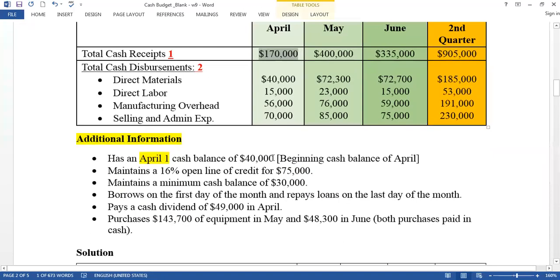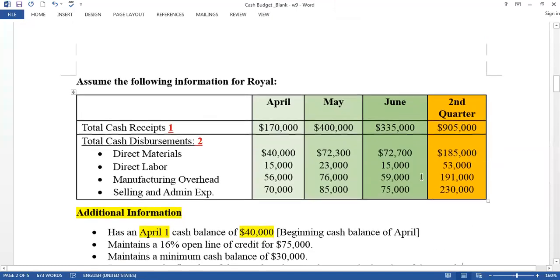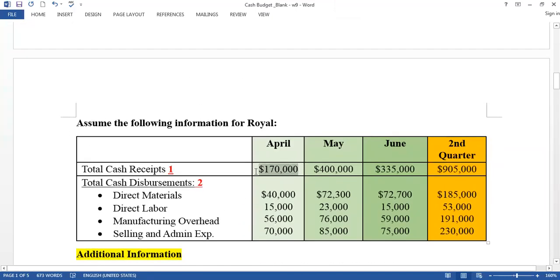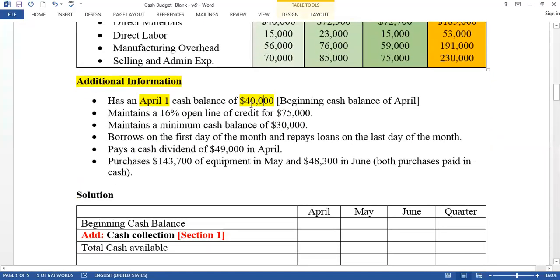But before, you already have $40,000 cash with you. Do you understand? So you need to collect $170,000 from some people. However, you already have $40,000 cash with you. Clear? So this is the beginning cash balance of April.